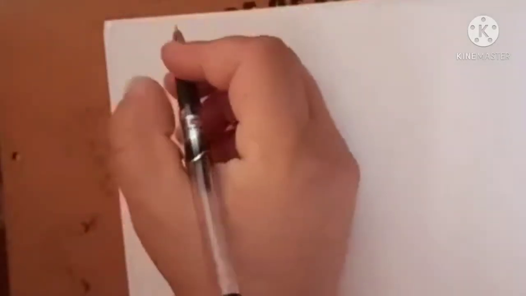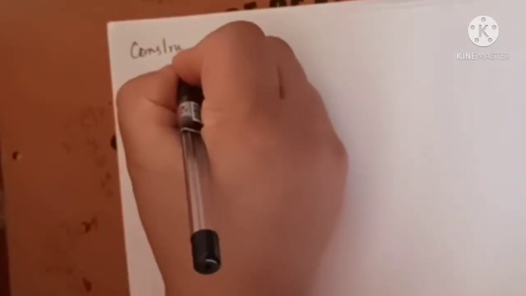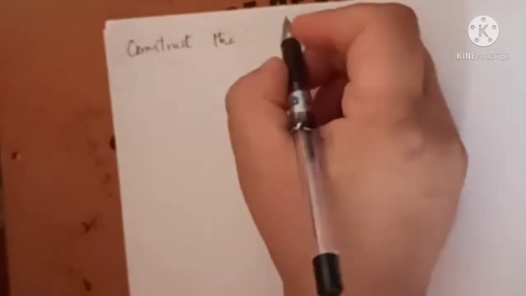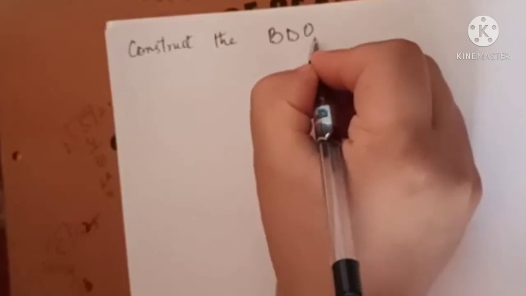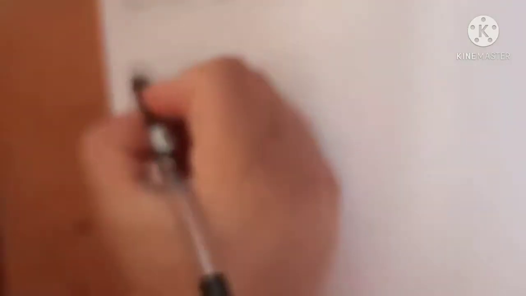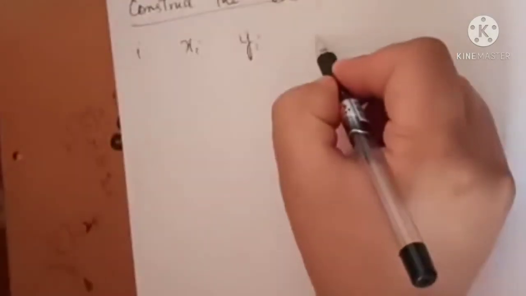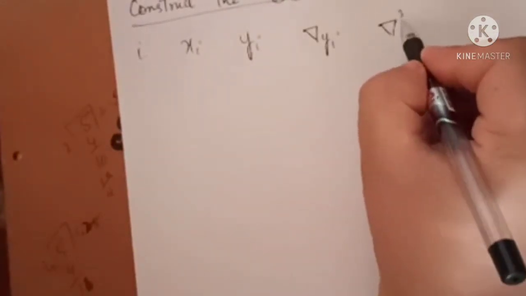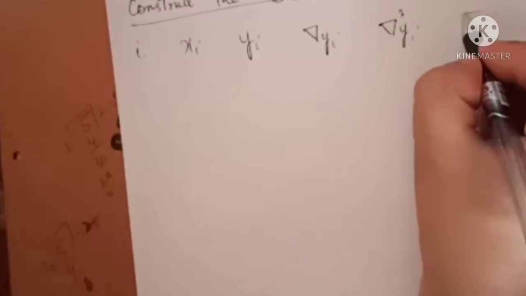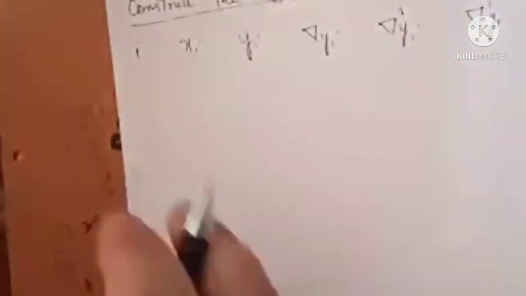Okay, so let us see how to construct the backward difference table. Say xi, yi, delta yi, delta square yi, delta cube yi, and so on.